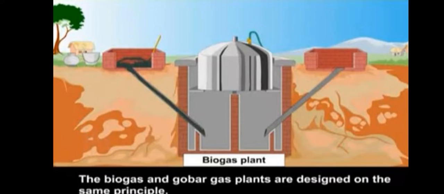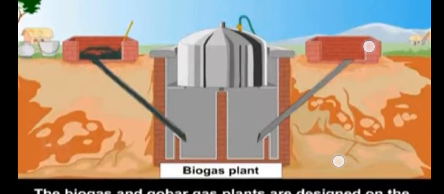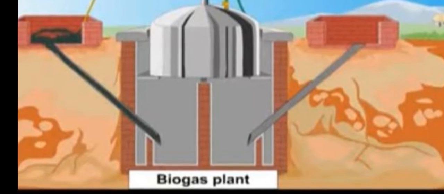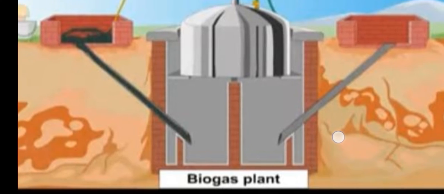Here you can see on the screen, this is the picture of a biogas plant, which is also called a gobar gas plant. It is designed on the same principle, so that we can get methane gas, which can be used as a fuel, and the solid product which remains behind can be used as manure. In this gobar gas plant, all the organic waste is taken into the tank, and then microorganisms are introduced.